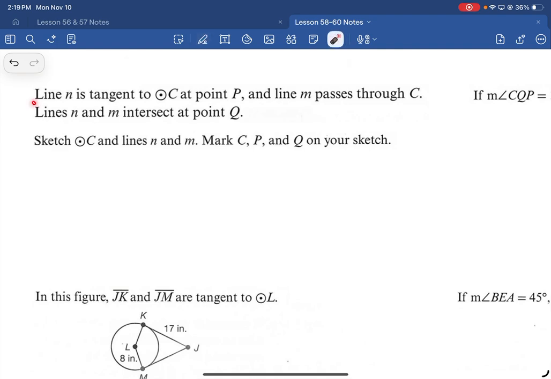It says line N is tangent to circle C at point P. Line M, a different line, passes through C. Lines N and M intersect at point Q. So the directions say to sketch circle C and lines N and M, mark C, P, and Q on your sketch. Okay, so I'm going to walk through this with you.